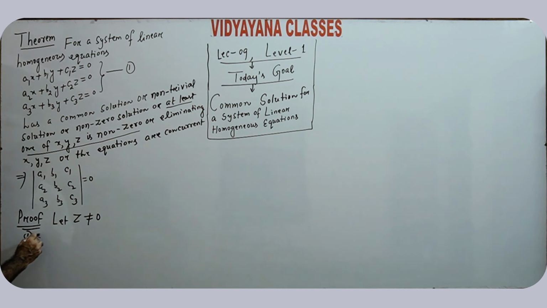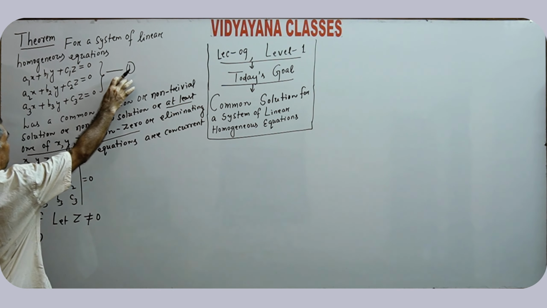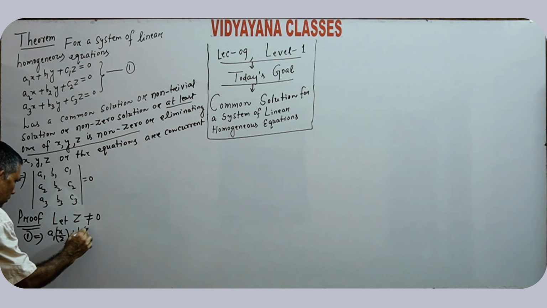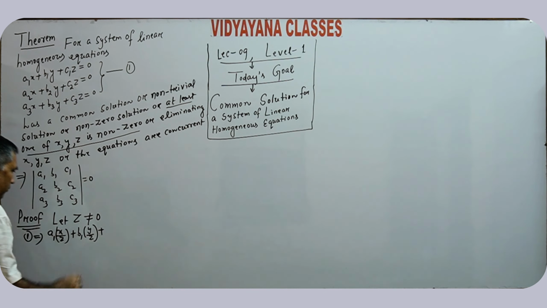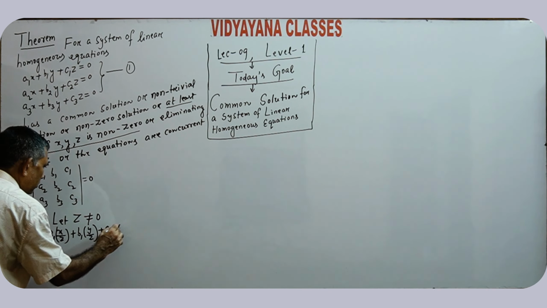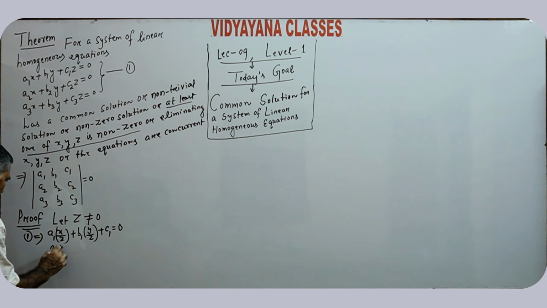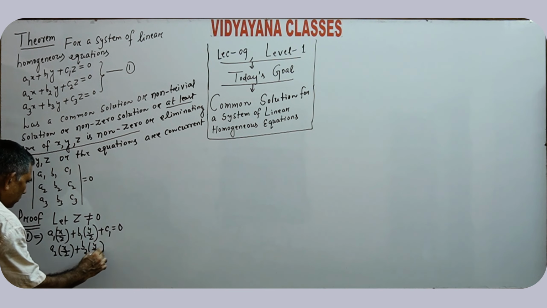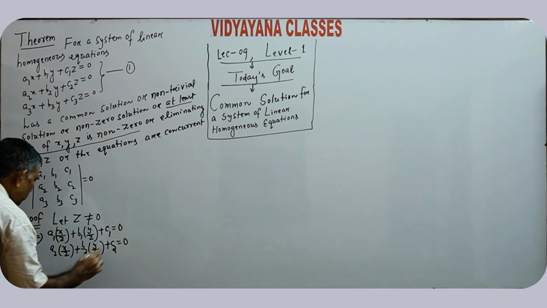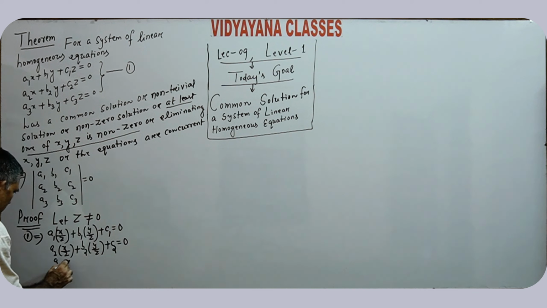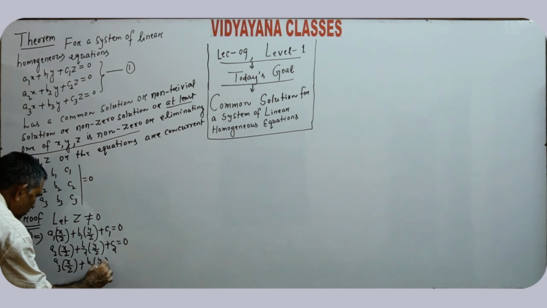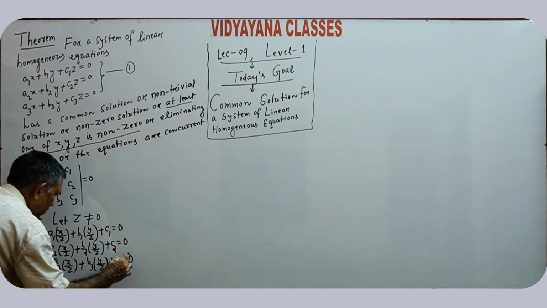Equation 1, that means the system of equations which is denoted by equation 1, implies a1 x by z plus b1 y by z plus c1 is equal to 0, a2 x by z plus b2 y by z plus c2 is equal to 0, a3 x by z plus b3 y by z plus c3 is equal to 0.